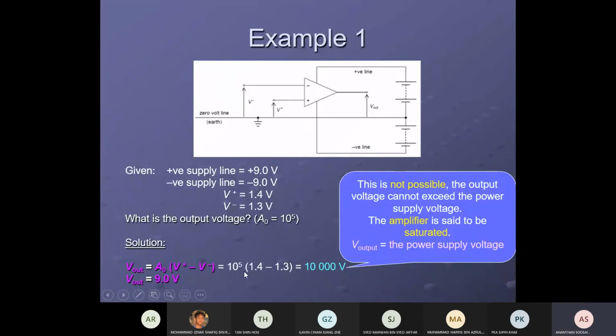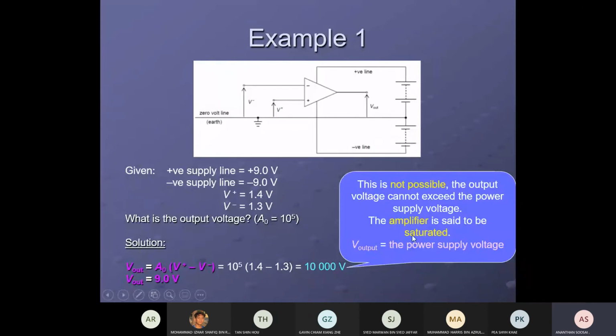It means the op-amp says 10,000, but the supplier can't give 10,000 because its limit is only +9, -9. So what will the supplier do? It only gives out +9, the maximum it can. So the positive value you can give at maximum is +9. So the output will be +9.